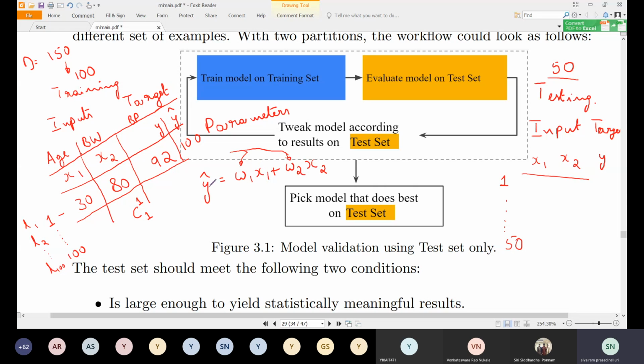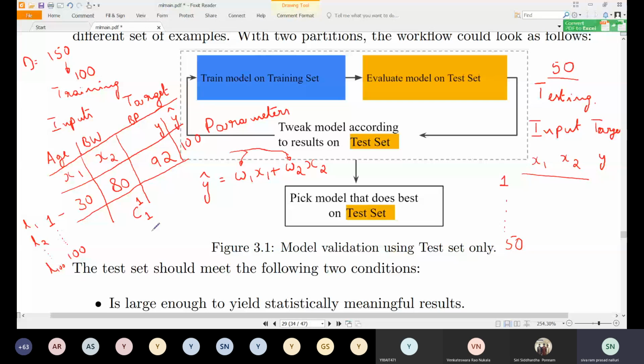Okay. In what direction do we update? Do we increase the weights or do we decrease the weights? We calculate the gradient, and if the gradient is positive, we decrease the weights. If the gradient is negative, we increase the weights W1 and W2.